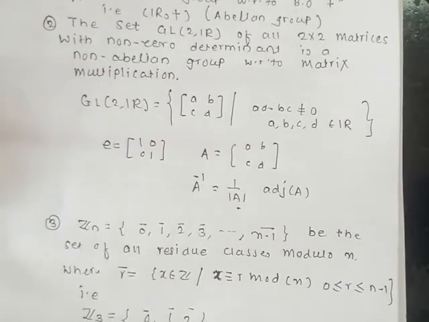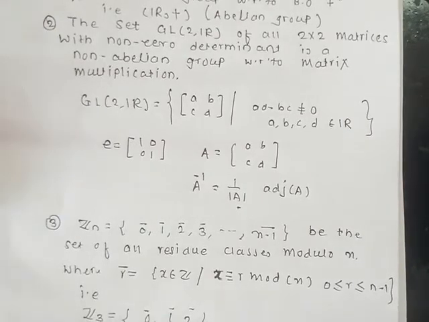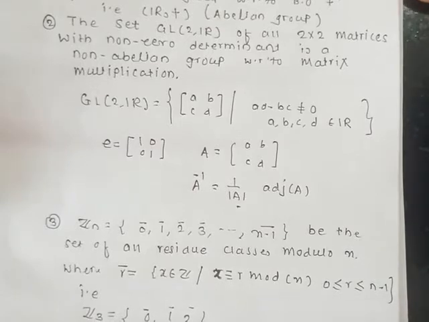So 1 plus 3 is 4, but 1 minus 3 is minus 2. Similarly 1 plus 6 is 7, but 1 minus 6 is minus 5.